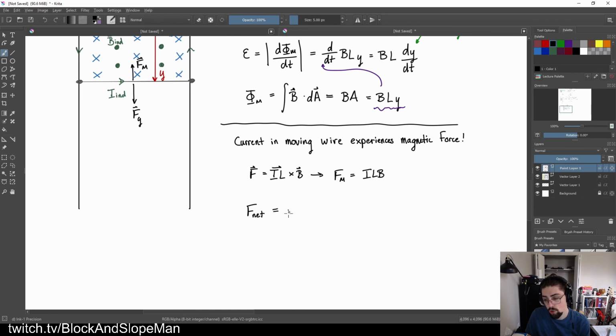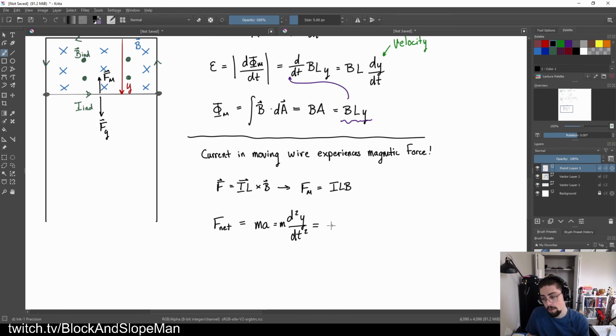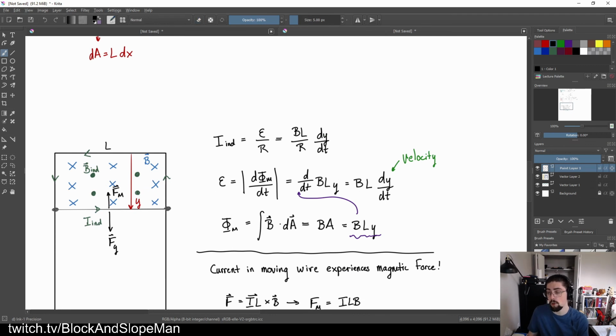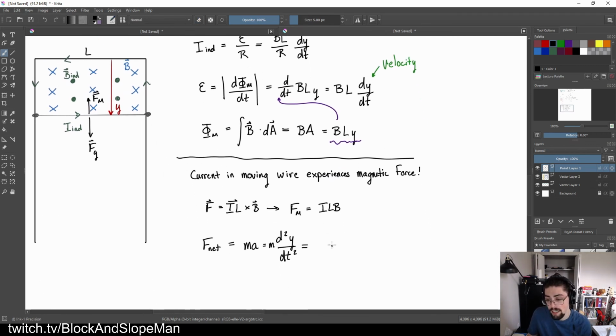F net is equal to ma, which I might recognize as m times d squared y over dt squared, the second derivative of position, is equal to, magnetic force is pulling me up, ILB, and that specifically is the induced current, which means that I shouldn't be writing I here, I should be writing my expression that I found before, BL over R dy dt. So this becomes B squared L squared over R dy dt minus mg.